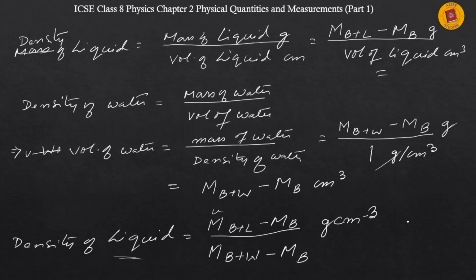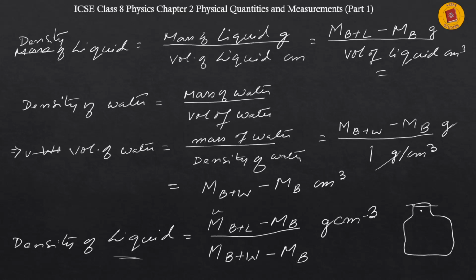This experiment can be done with any bottle we have at our home, like any glass, any 500 ml bottle, 1 liter bottle, 200 ml bottle, any type of plastic bottle, glass bottle, ceramic bottle, any kind of bottle, or any beaker if you have. So you have to keep in mind that the volume remains constant.